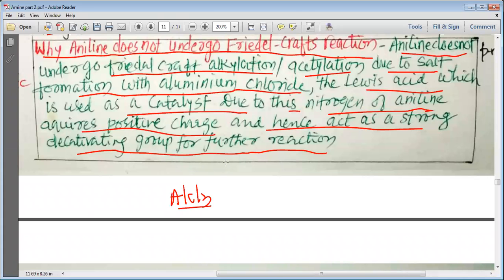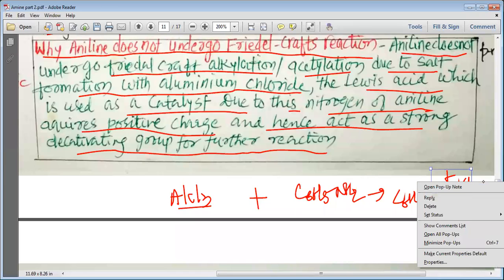This anhydrous AlCl3, when it combines with the aniline C6H5NH2, it forms a salt, that is C6H5NH2 plus and AlCl3 minus.